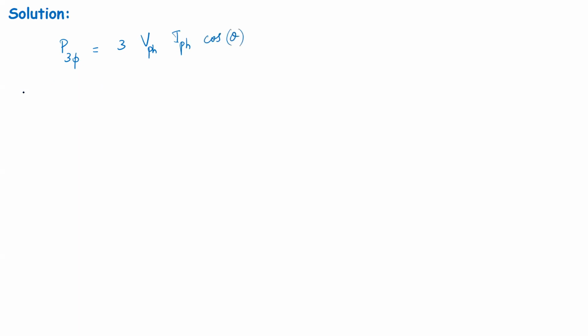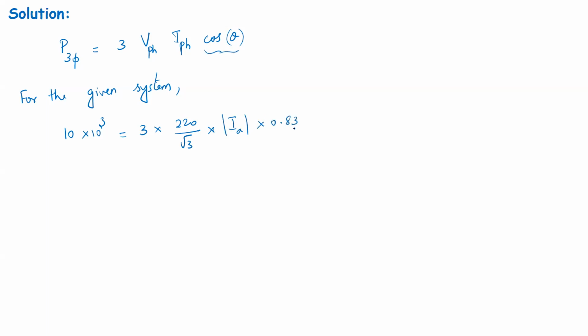For the given system, the 3 phase power is 10 kilowatts, which equals 3 times the phase voltage, 220 divided by root 3, times the current magnitude, which we do not know, times cosine of theta, which is the power factor itself, 0.83.